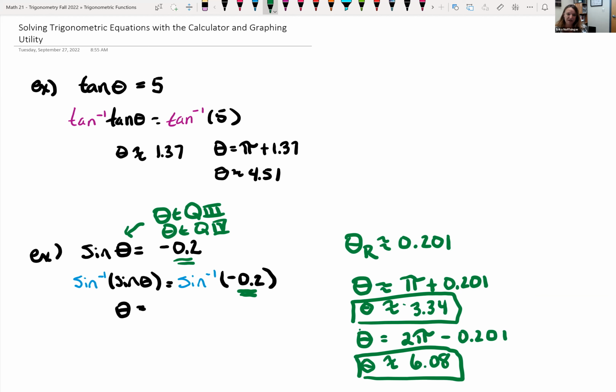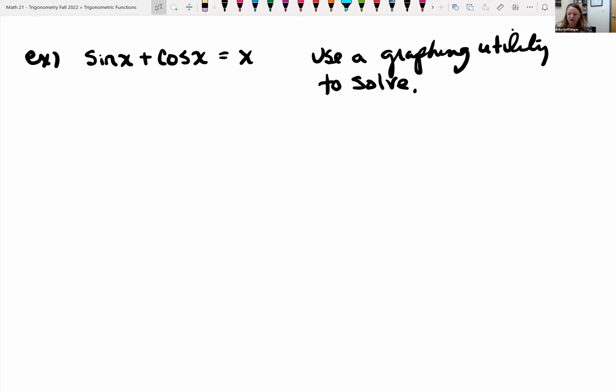Okay, so you have some other types in the homework where it's asking you to use the graphing utility to help you solve the trigonometric equation. So let me pull up an example, and then let's go through how you would do that. Our next equation is sine x plus cosine x equals x. And again, we want to use that graphing utility to help us solve. We're looking at graphing two separate functions and seeing where they intersect. That's one way to do it.